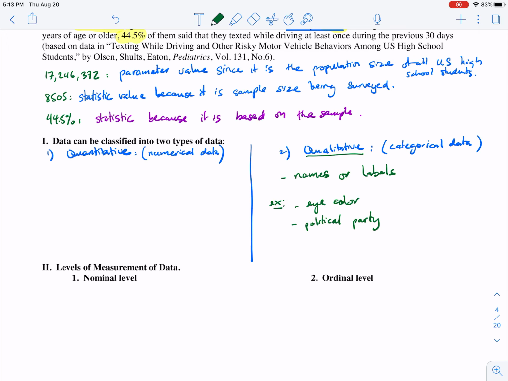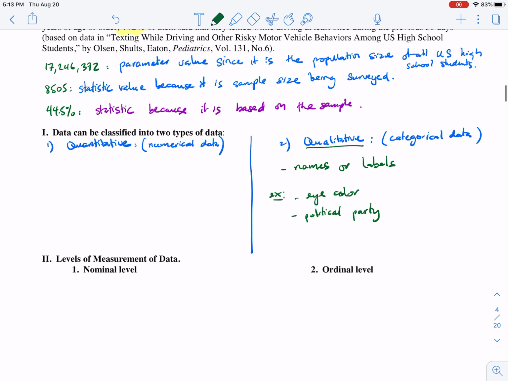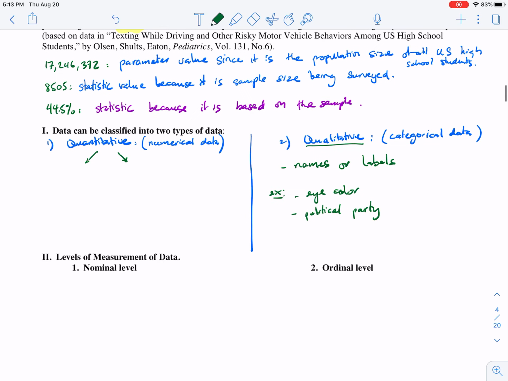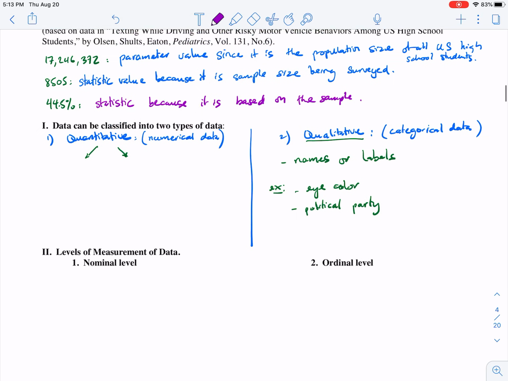Okay. Quantitative, numerical data. That can be broken down into two further classifications. We have discrete quantitative data, or we have continuous data.